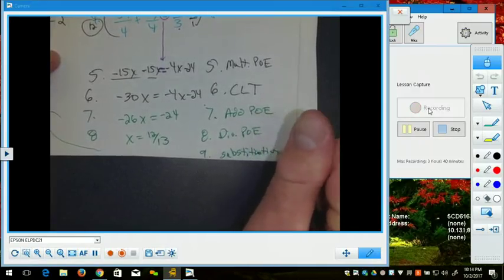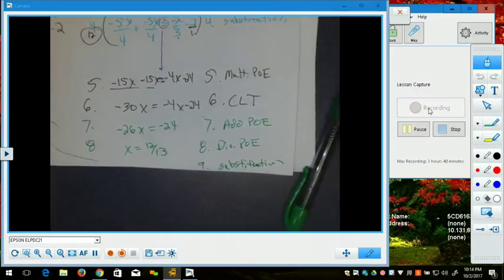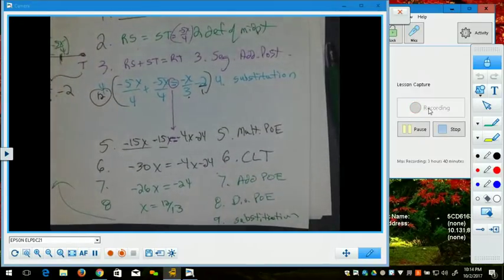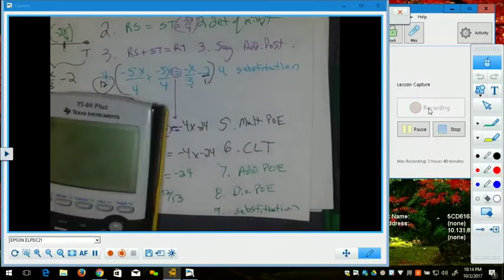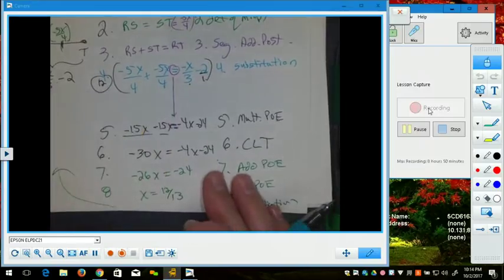Substitution, because I'm going to be plugging 12/13 in for these expressions. So that means that RS is negative 5 times 12/13 divided by 4, which gives us negative 15/13.